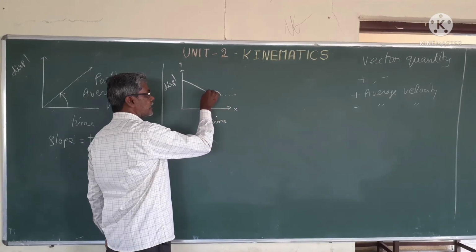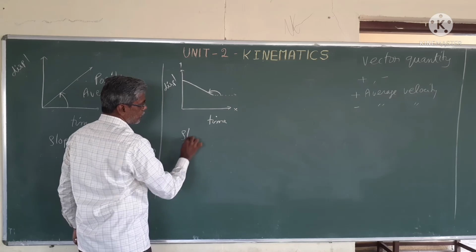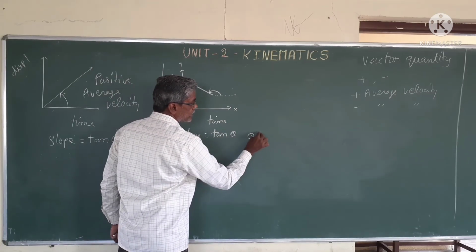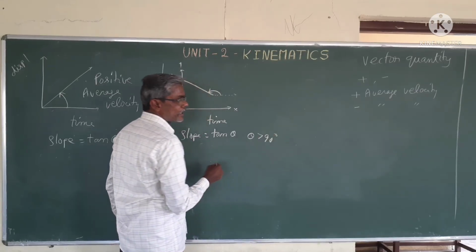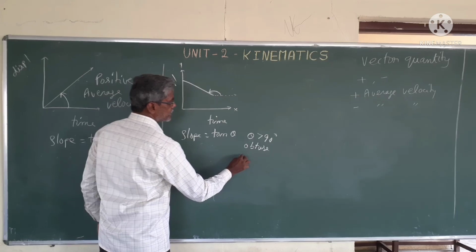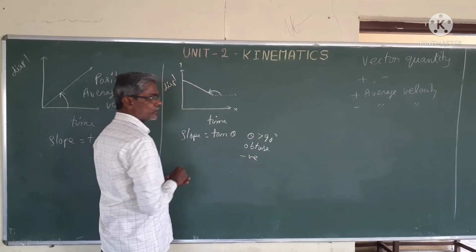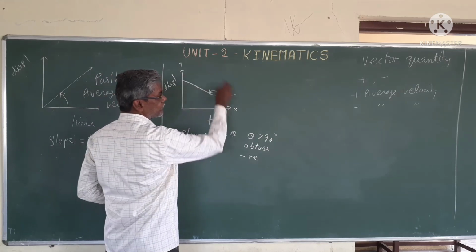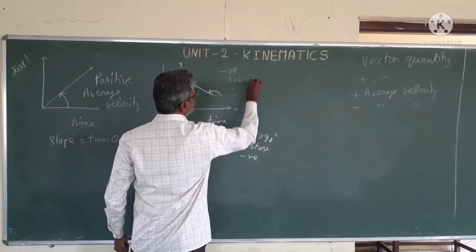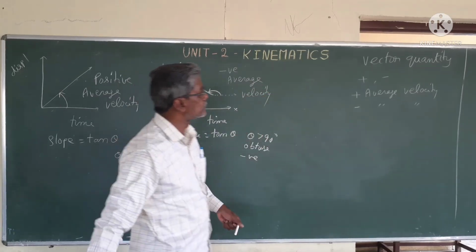So here the angle is greater than 90 degree. Slope is equal to tan theta. Here theta is greater than 90 degree. If it is greater than 90 degree, it is obtuse. Obtuse means it is negative. The value becomes negative. Therefore this graph will give negative average velocity.